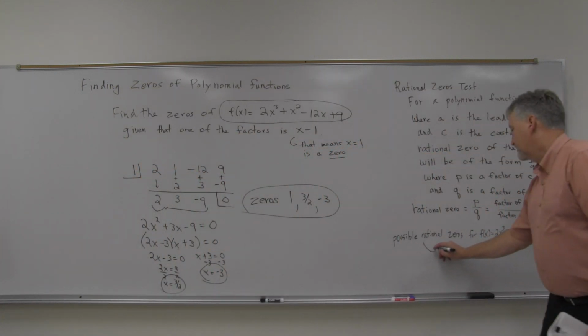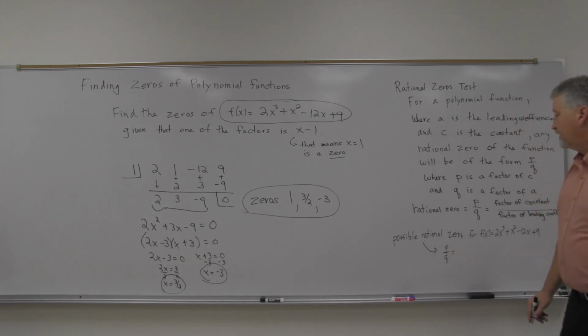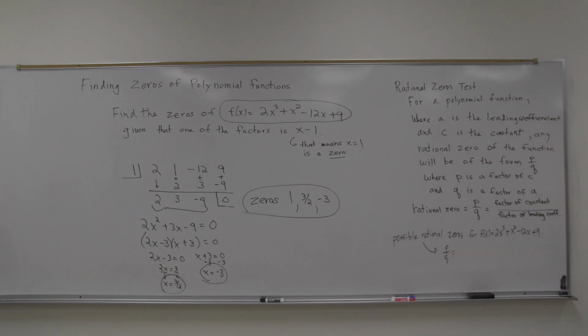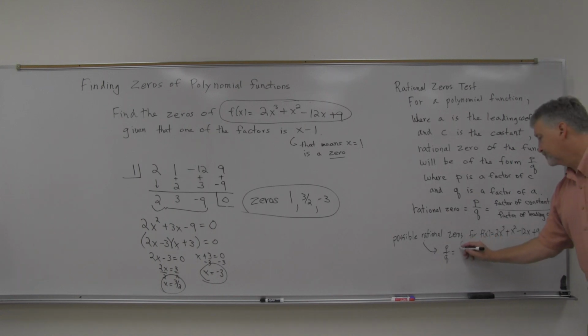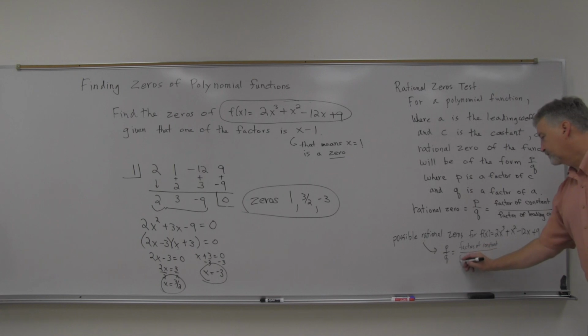And so these possible rational zeros are this p over q. In this case, p over q would be all the factors of the constant divided by all the factors of the leading coefficient.